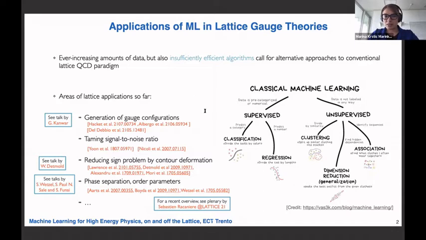In this talk, I will focus on the simplest method possible and one of the first applications of machine learning in order to learn the phases of matter, and this is the support vector machine, which belongs to the class of supervised learning methods, which are aimed at performing the classification of the input data.